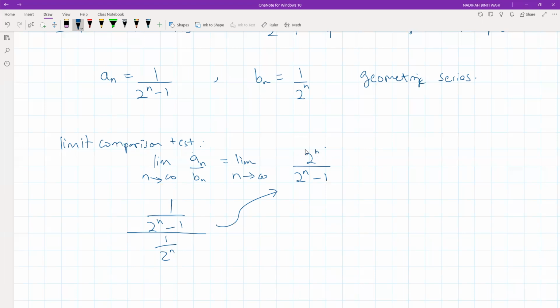And if I divide the whole thing, the upper part and the lower part, by 2 to the power of n, it will be the limit as n goes to infinity of 1 over 1 minus 2 to the minus n.